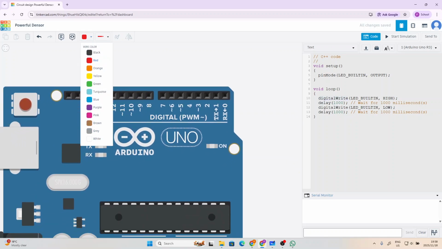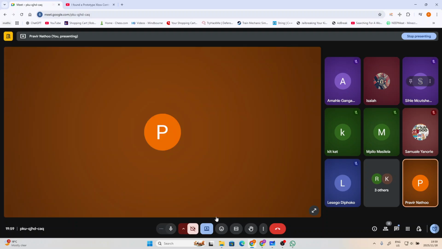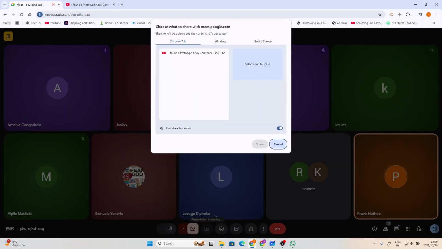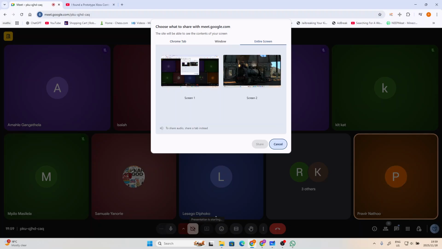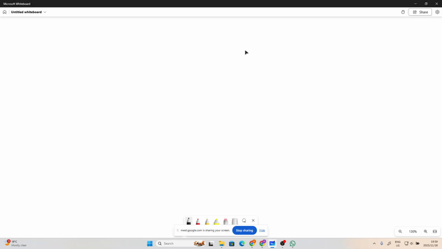Let me switch back to the other thing so you can see what I'm about to draw. Let me just share my whole screen rather. Okay, moving back to this, we're looking at the concept of PWM and analog.